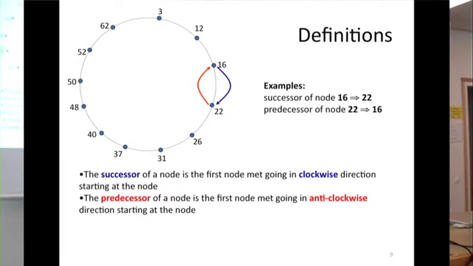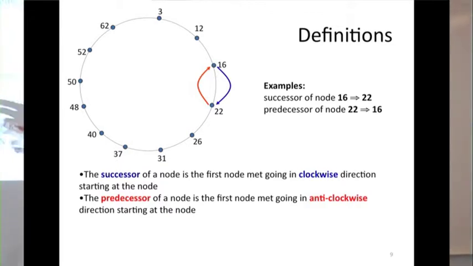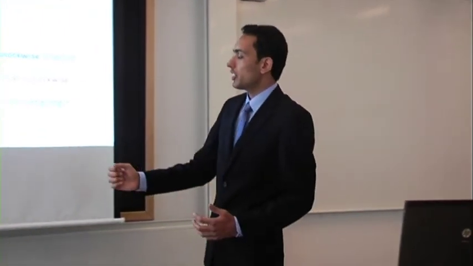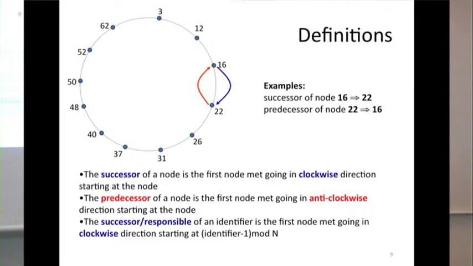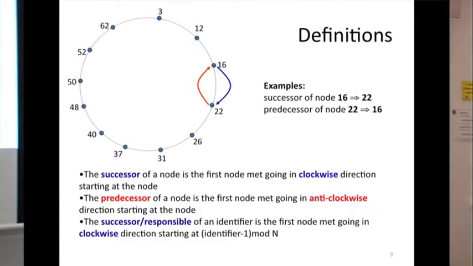Those are for nodes. Then you have a similar concept for identifiers. For example, this node has identifier 26, and this has 31. But there are a lot of identifiers in between, which can be mapped for keys. We define the successor of an identifier to be the first node that you meet going clockwise.